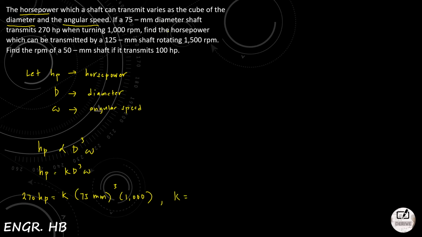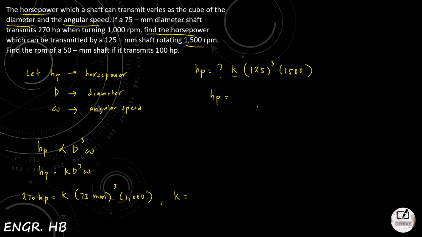So, ang sabi naman, find the horsepower which can be transmitted by a 125 millimeter diameter shaft. So, that was KD cube. So, that was 125 cube times the omega, which is 1500 RPM. So, malapit nating makuha ang HP rito, basta makuha na natin yung K.